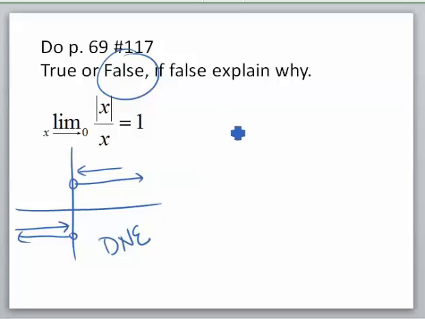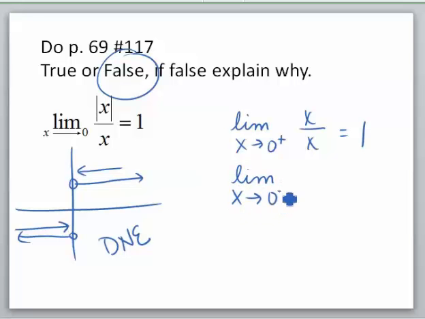The other way you can do this is by showing analytically how it does not equal 1. You could find the limit as x approaches 0 from the right. From the right would be numbers like 1, 2, and 3, so those are positive before you take the absolute value. You'd be talking about the positive value of x over x, which equals 1. Then you compare that to the limit as x approaches 0 from the left.